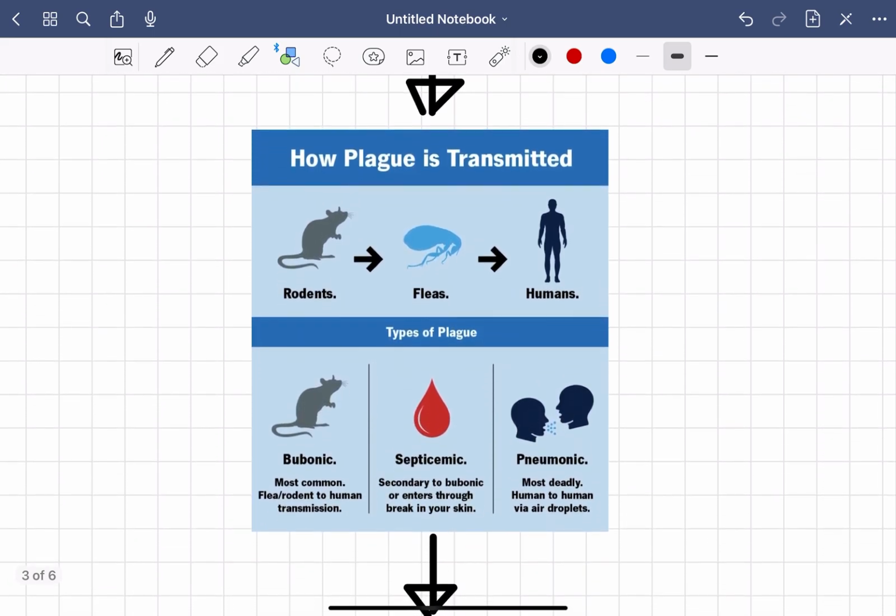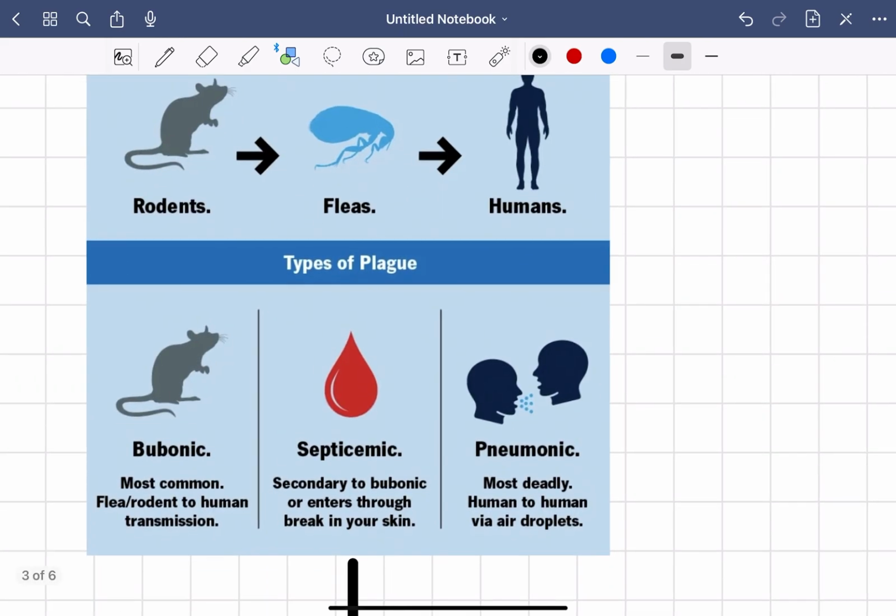Once it's transmitted to a human, it can then transmit that disease or bacteria. So the different ways of contracting the plague are bubonic, septicemic, or pneumonic. Bubonic, which is the most common, is contracted through fleas and rodents to human transmission, and causes boils on the skin.